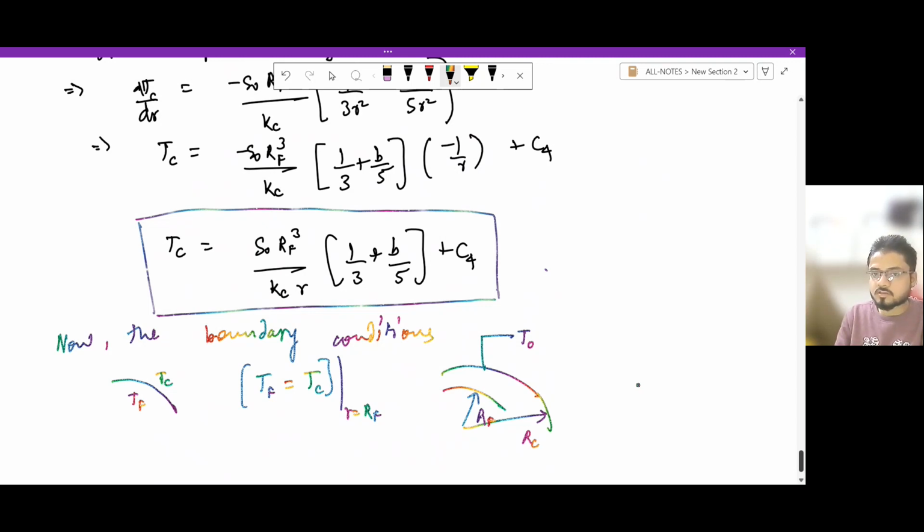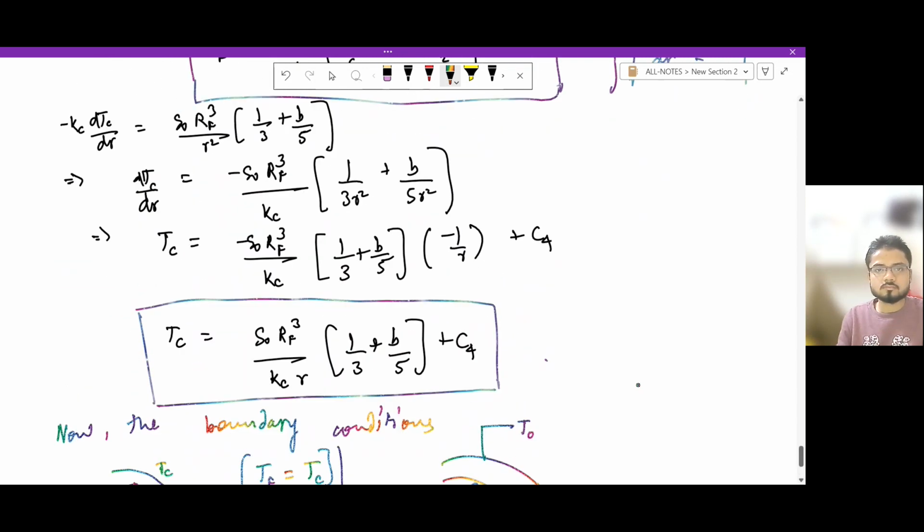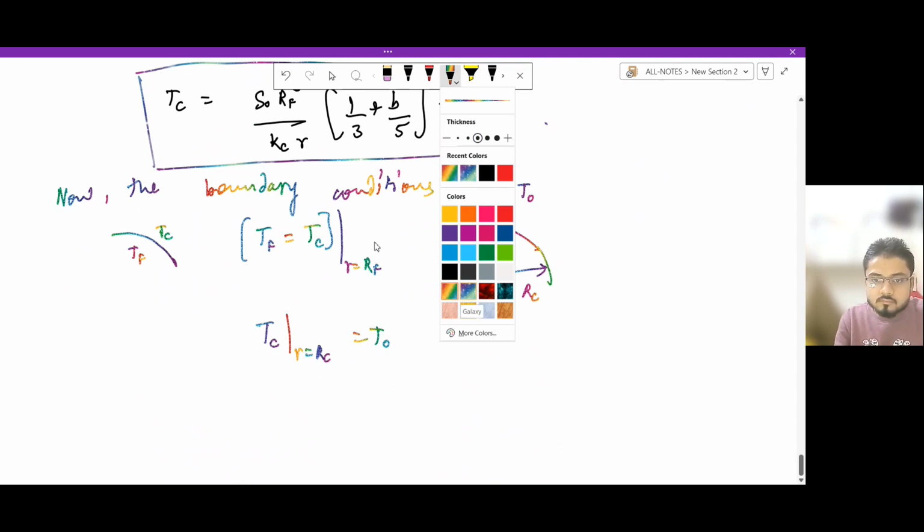That is the cladding plus the core of the fissionable material. So here you can always have this part as well. Tc at R equals to Rc would be equal to T naught. Okay.